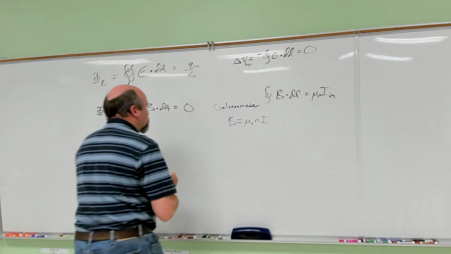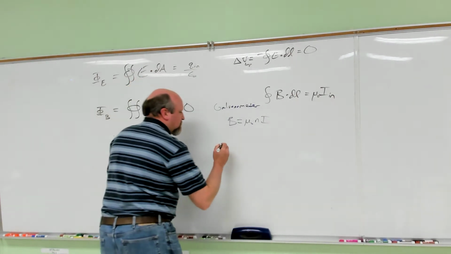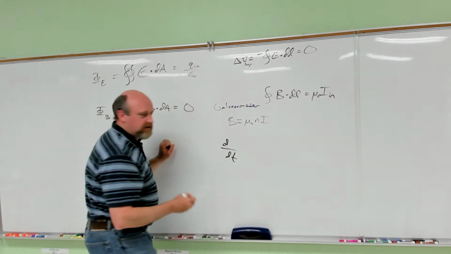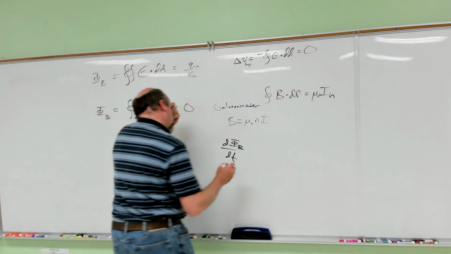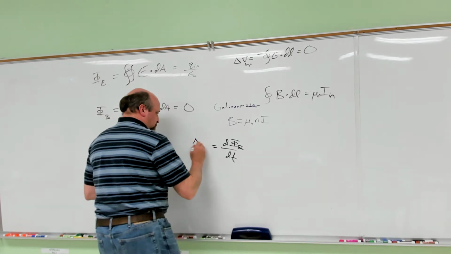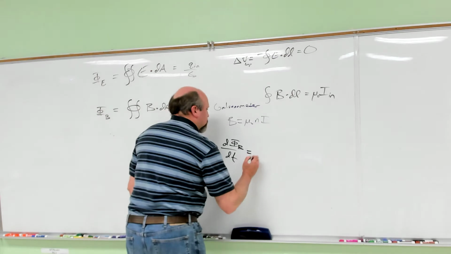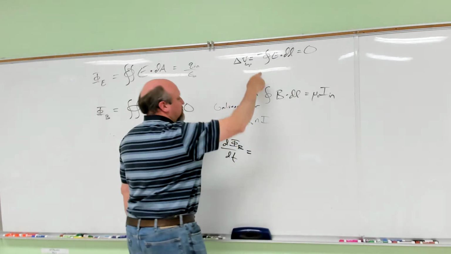So here we go. A rate of change, d/dt, of magnetic flux will generate then a voltage. And you say, okay, wait, so that would be like a delta V, right? But when I make that delta V, you say, wait, we have an equation for delta V going around a loop. It's this.